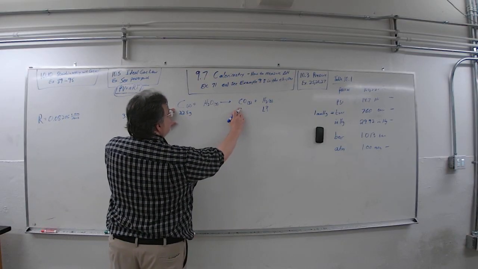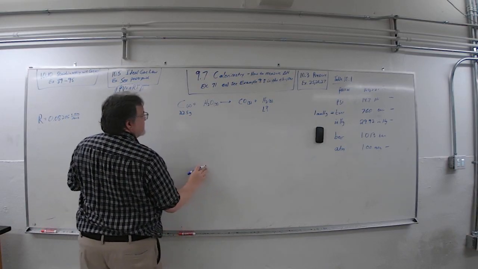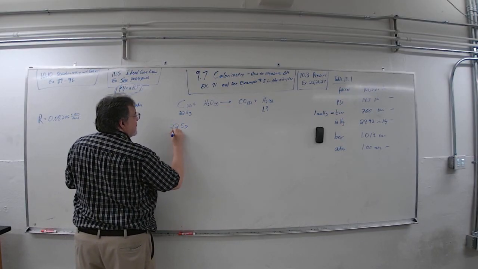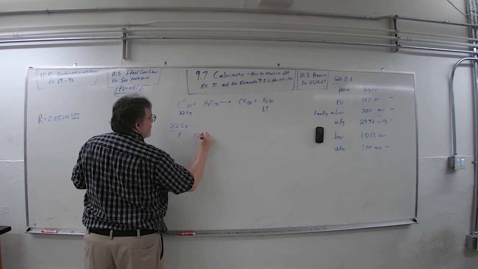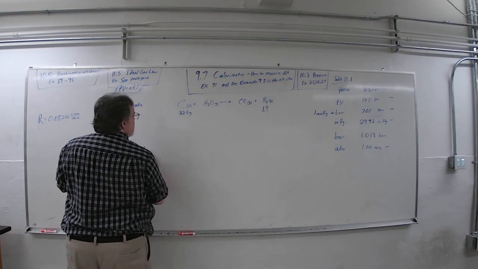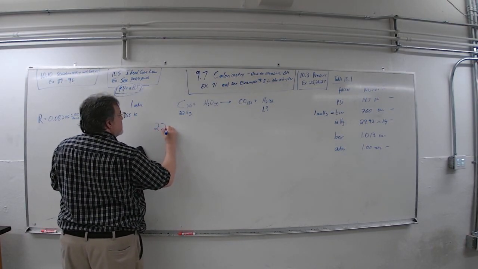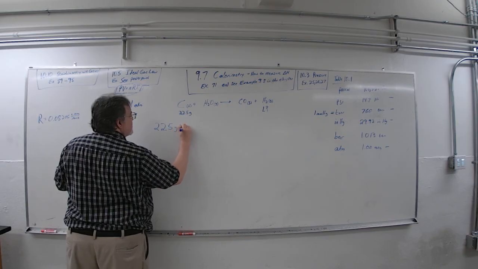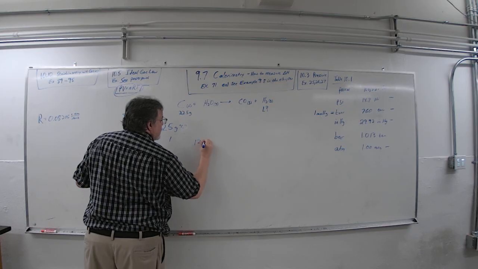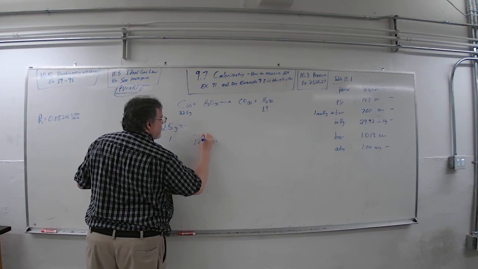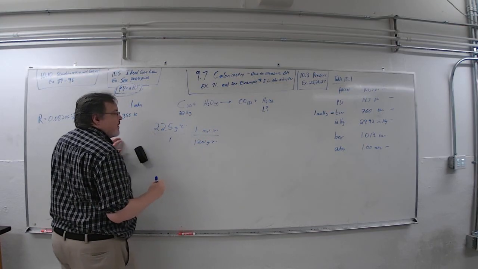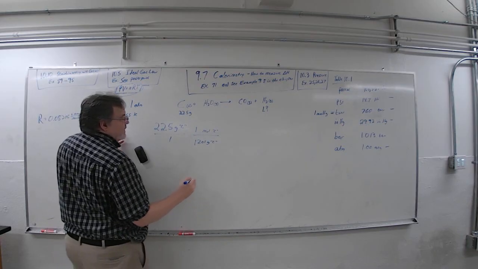Is this balanced? C and O and H2. It is balanced. 22.5 grams of carbon. Carbon is 12.01 grams to 1 mole. The molar ratio here is 1 to 1.